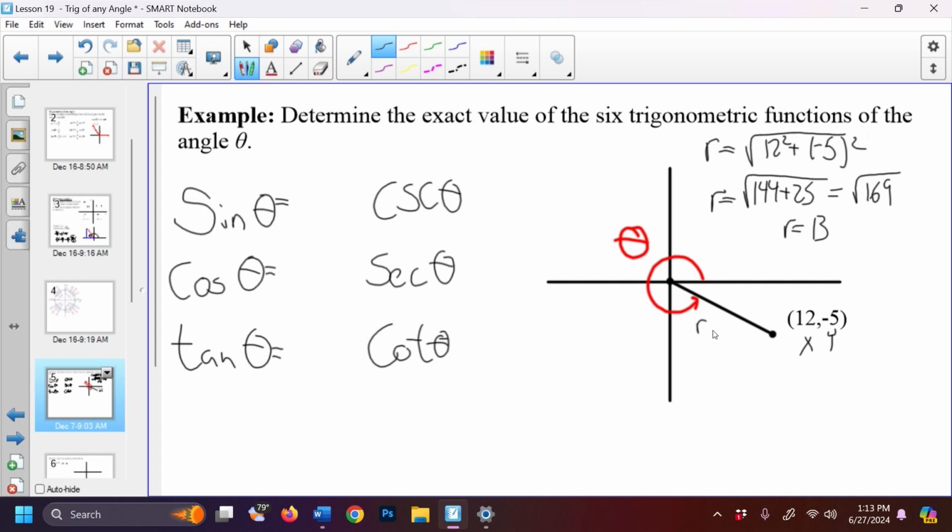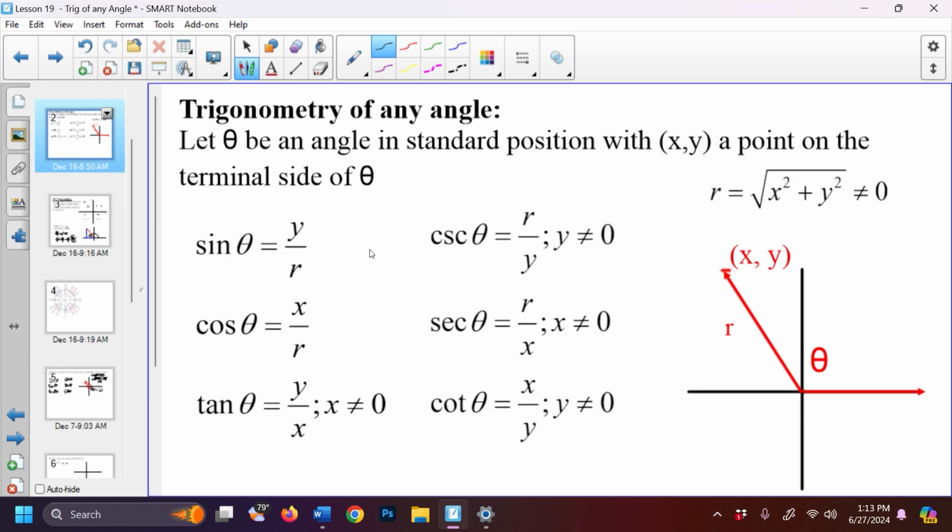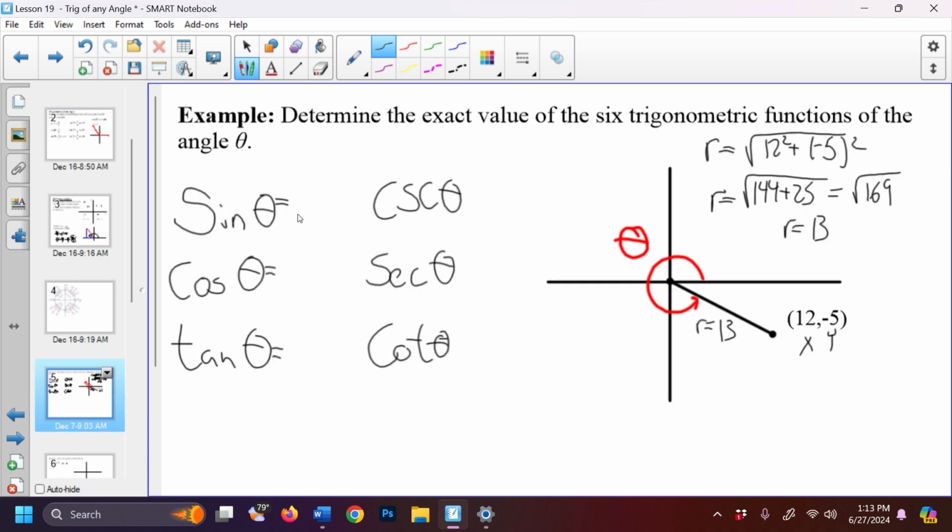All right, so since r is 13, I can say that the sine is the y value over r. And again, I'm just getting them from this table that we had at the beginning. So y over r would be negative 5 over 13. Cosine is x over r, so 12 over 13.